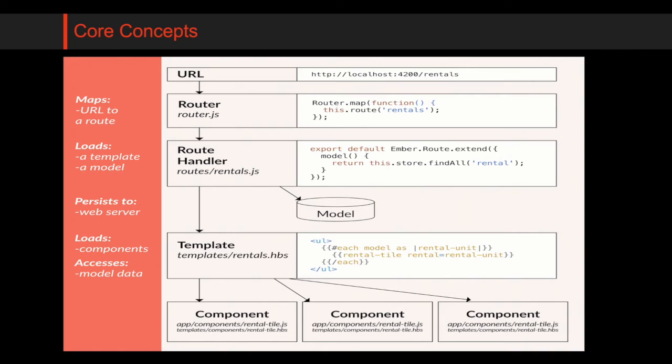No matter how the URL gets set, the first thing that happens is that the Ember router maps the URL to a route handler. The route handler then typically does two things. It loads a model that is then available to the template. It renders a template.